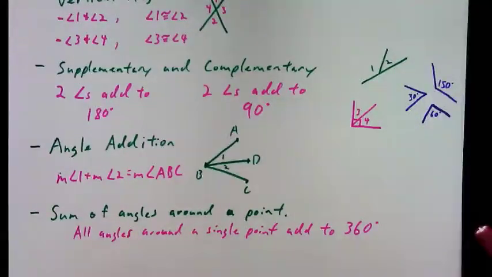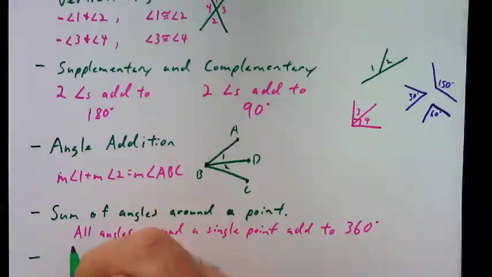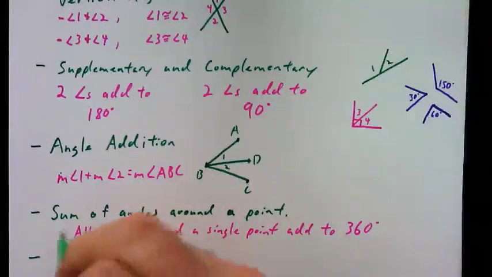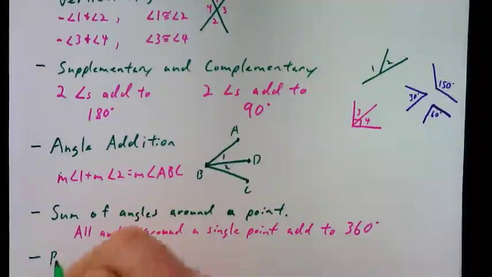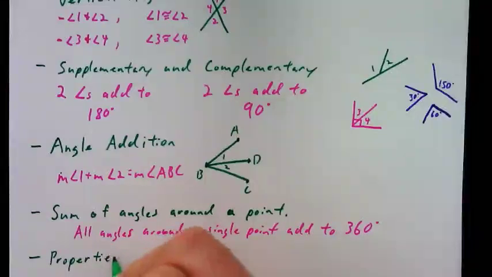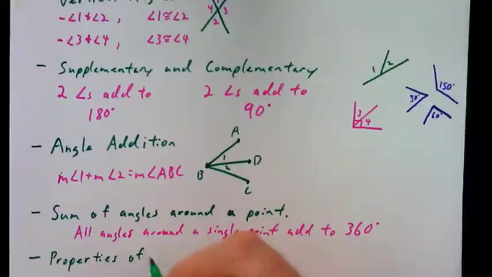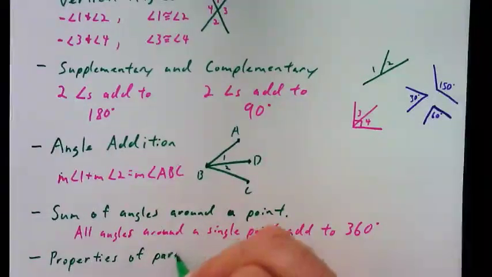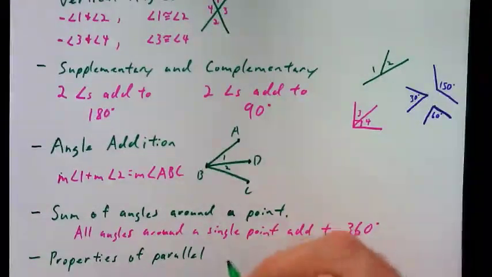Now, all right, let's see. Properties. This last one is one that I spend a good deal of time on in geometry. There's like a whole section for this one. But we're going to try to do it without any of the vocab, which makes it a little bit easier.